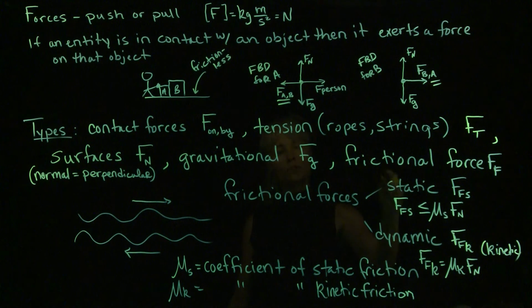amount. And you've experienced this before if you've tried to slide a box across the floor or something like that. You start to push on the box and it doesn't move right away, yet you're exerting a force on that box. So if you're exerting a force in the forward direction, there's got to be a matching force in the backward direction so that there is no net force along the x direction or unbalanced force along the x direction. Otherwise, there'd be an acceleration.